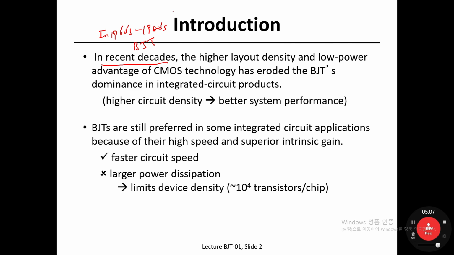However, after the 1980s and beyond, maybe from now, the MOSFET, we're going to study it later, the metal oxide semiconductor field effect transistor. This is another type of transistor. Anyhow, this MOSFET has been well received. It has great attention and is well adopted in modern integrated circuit chips.